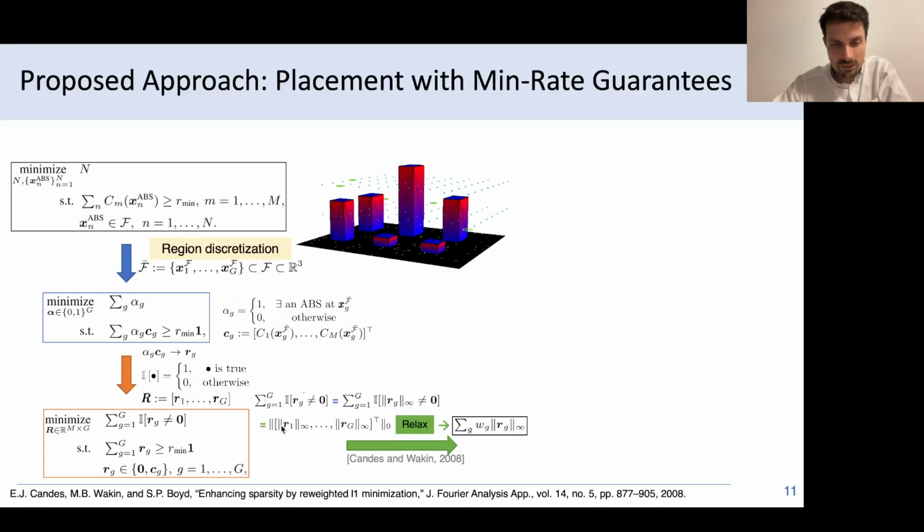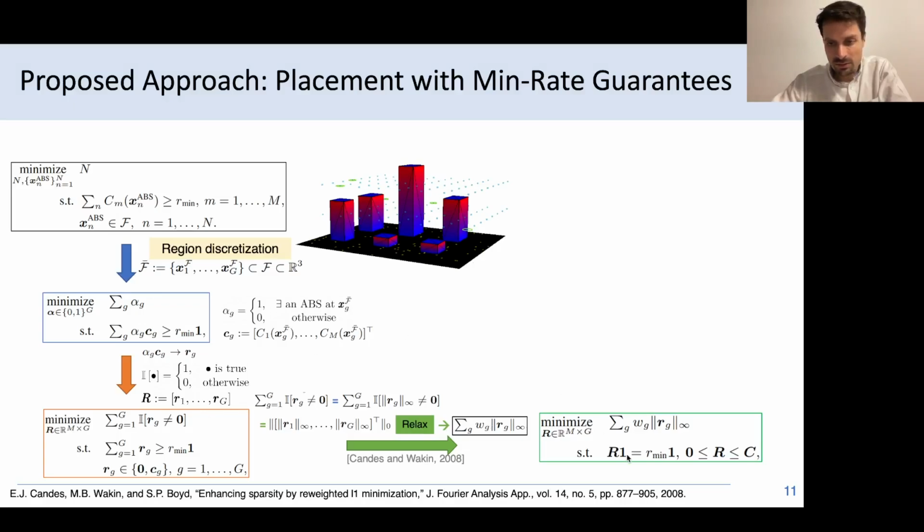So this equals the sum of the entries of this vector. But here we also put these weights, because we apply this approach here, reweighting, which allows us to obtain sparser solutions, and therefore the error incurred by this relaxation becomes smaller.